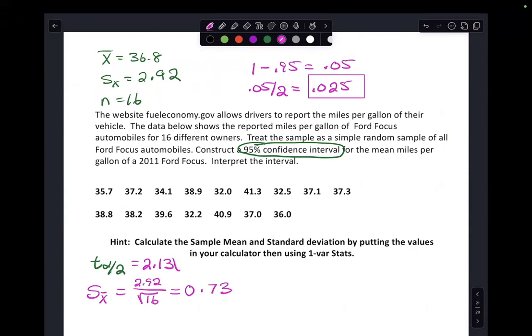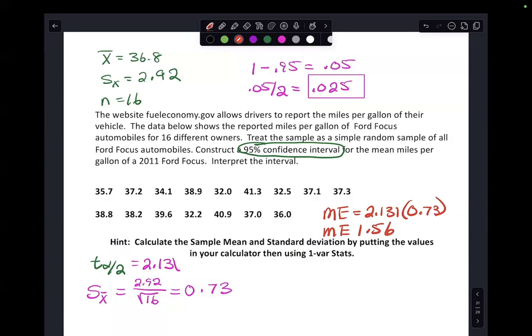All right, so the way that we calculate margin of error is the t value, t sub alpha divided by 2, times the standard error. So my margin of error is 2.131 times 0.73, which is 1.56.